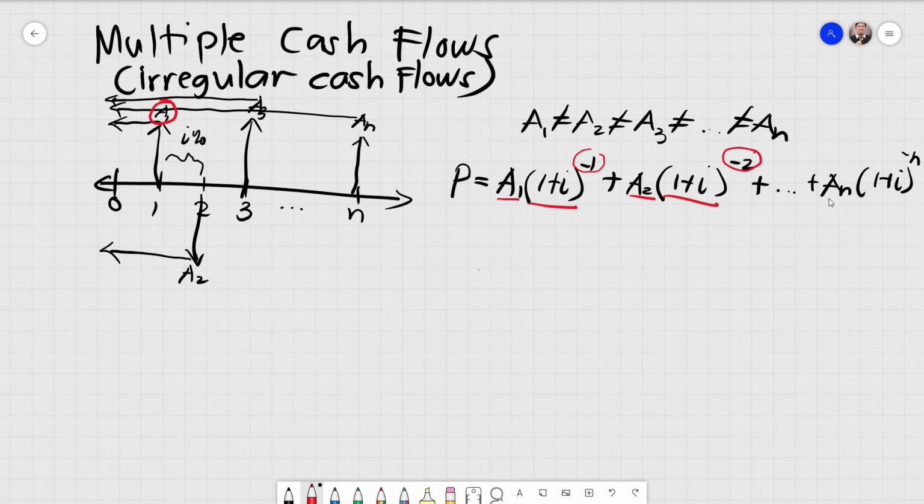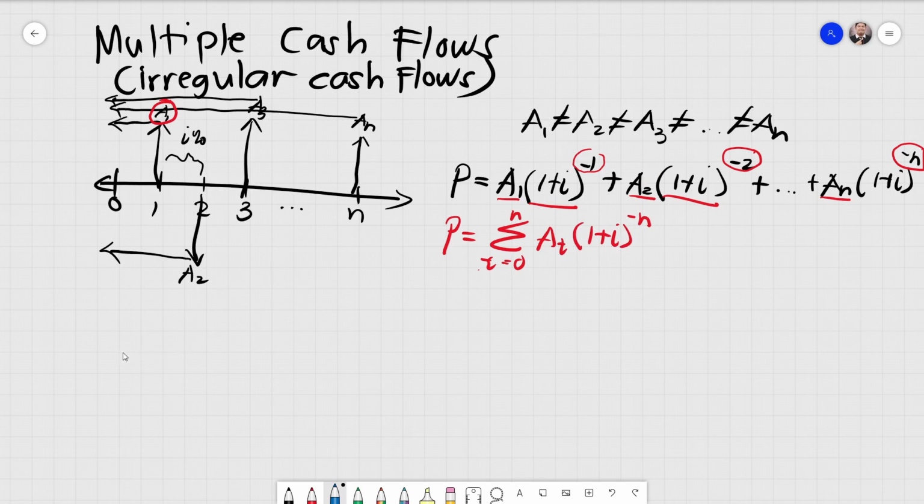So ang exponent ngayon ng kasama ni A sub n, si 1 plus I ay 0 minus n. So we have this one, negative n. So in summation notation, the summation from t equals 0 to n of A sub t times 1 plus I raised to negative t. So how about future value?